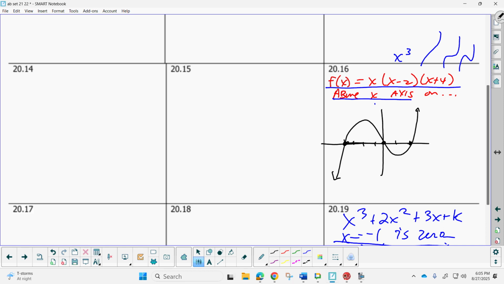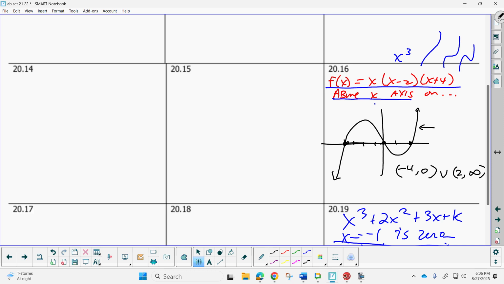Remember, in interval notation, it's left to right or low to high value. And you use parentheses if you want to exclude the endpoints and a bracket if you want to include. So above the x-axis does not include at the x-axis. So that's one set. This set here, left is 2, right is positive infinity, if that's quote unquote an endpoint, which it isn't. And so that's what we're looking at.